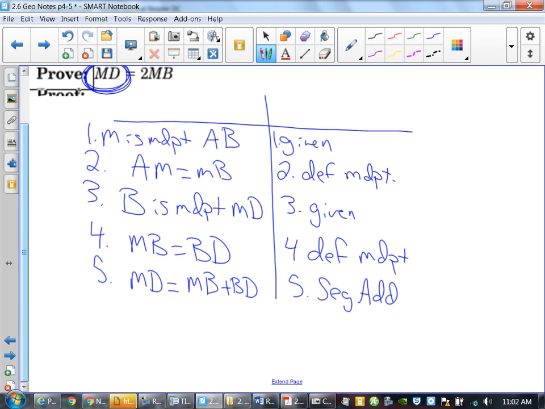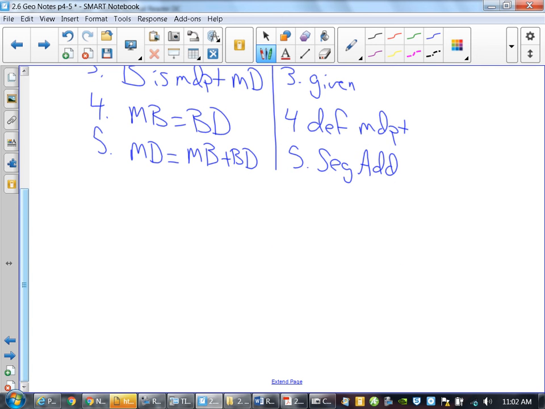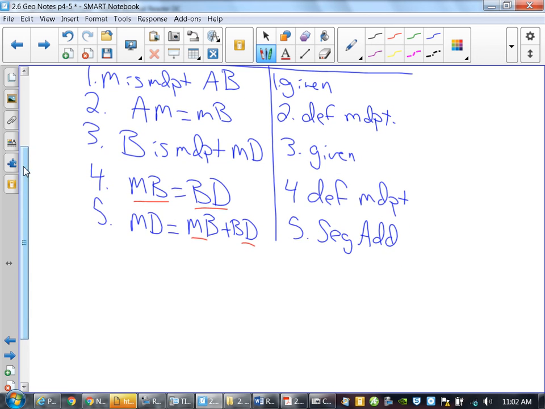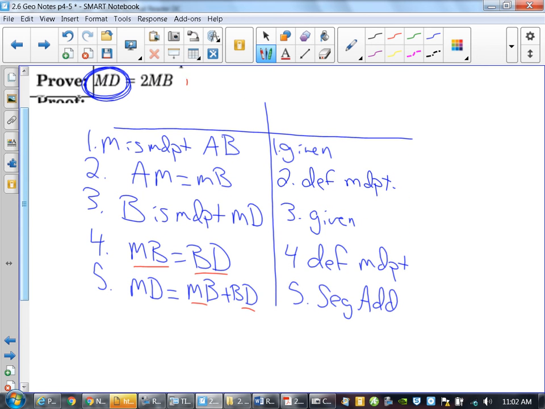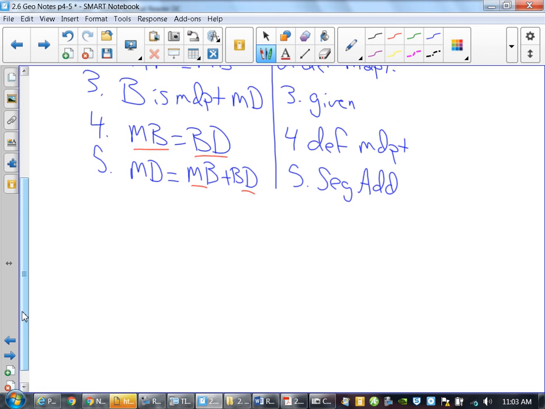Look at that, we only have two more to go, believe it or not. Look at step 4 and step 5. MB equals BD. MB plus BD. It wants me to show that it is made up of just MBs, which means, can't I replace this BD with an MB? Is that substitution?